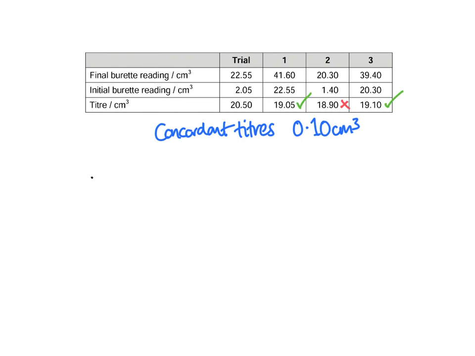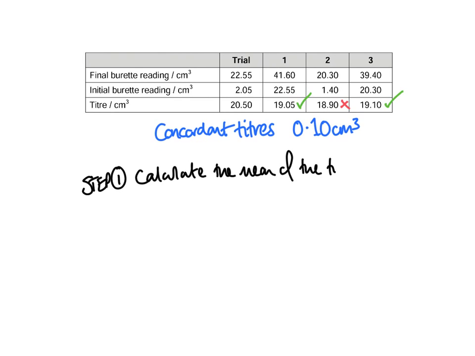This then allows us, after doing this, to look at step 1 of our calculations. Having identified the concordant titres, we need to calculate the mean of the titres. In this case, we are only going to use 19.05 and 19.10.